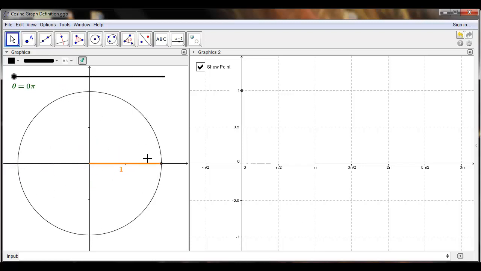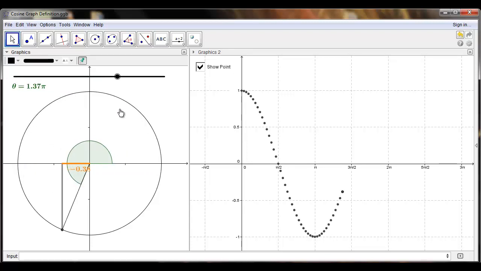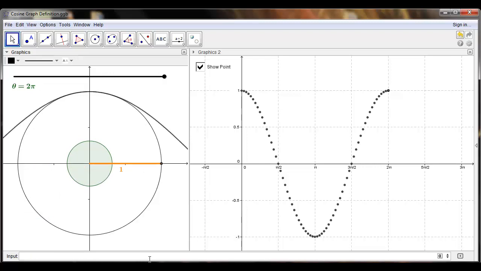And if again we turn the trace onto this point, we can track how the curve changes. And I'll graph the whole thing there, y equals cos x.